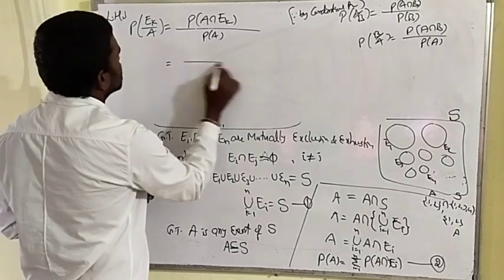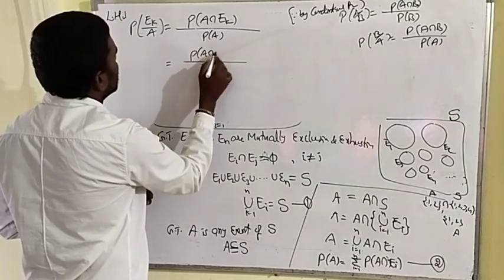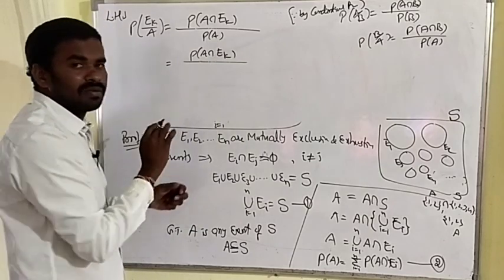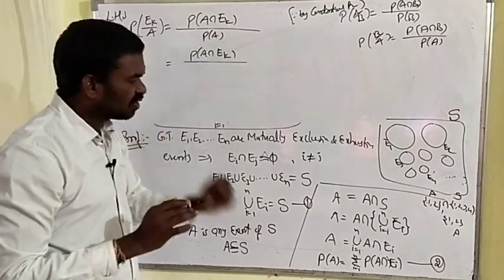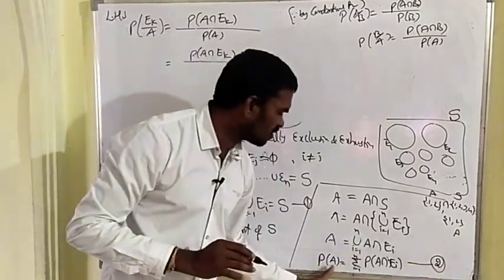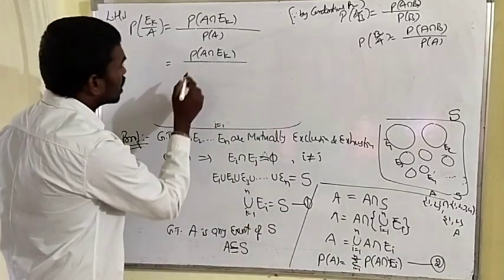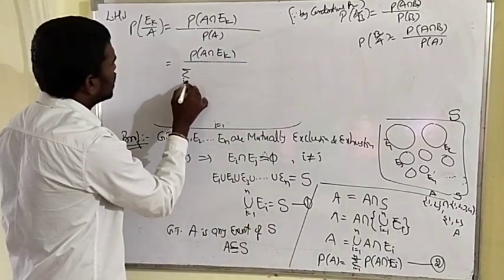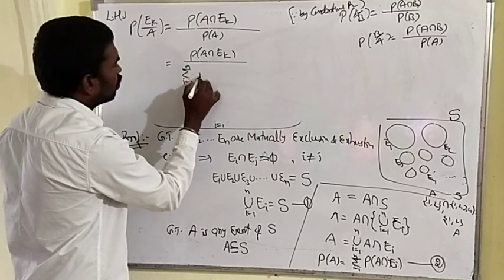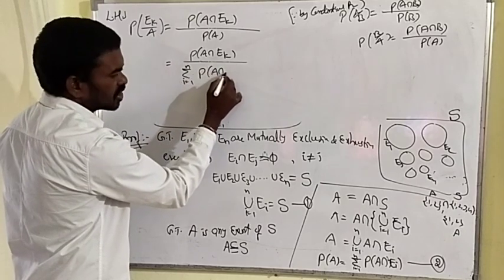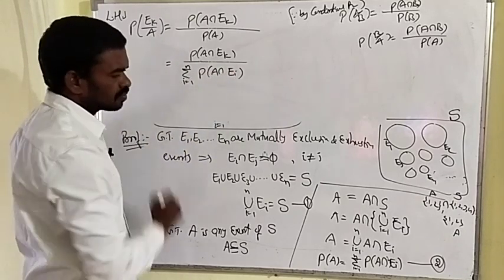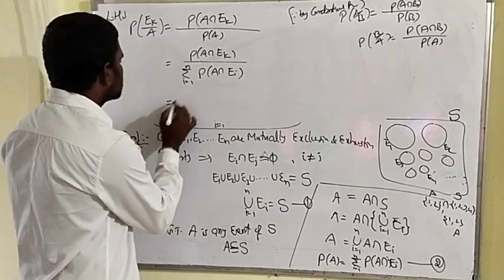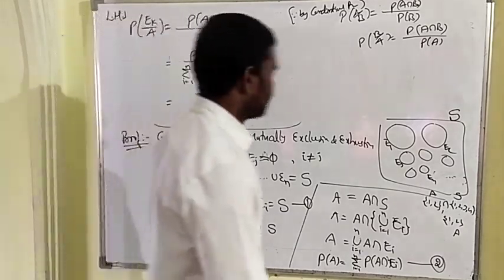Next is equal to probability of A intersection Ek as it is, write down. But P of A means what? From equation 2, P of A means, yes, very good, write down: summation i equal to 1 to n of probability of A intersection Ei. Okay. Next is equal, what is the next step?